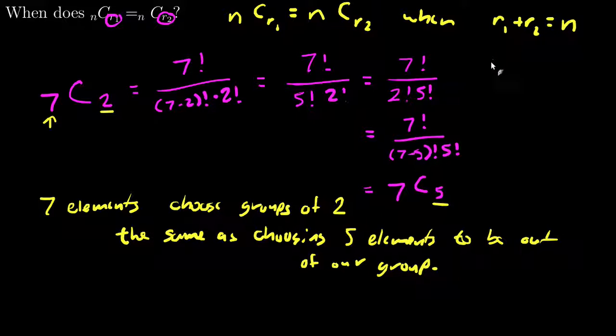Or you could do it a different way. You could say r1 equals n minus r2, or any way to solve this. r2 equals n minus r1, because when I'm choosing a group of r1 elements, then I have n minus r1 elements that I'm choosing to be out of the group. And that's what's going on here.